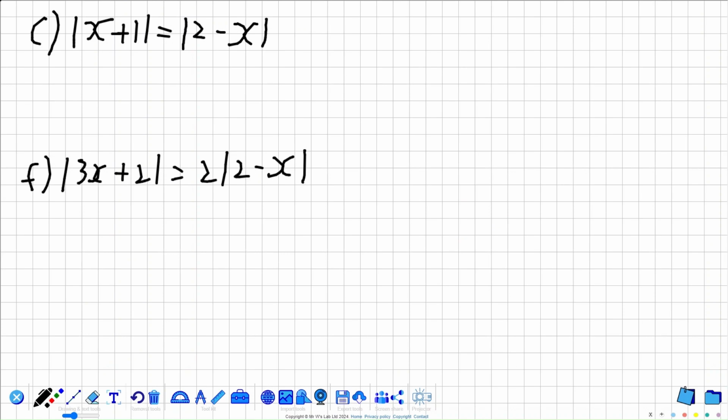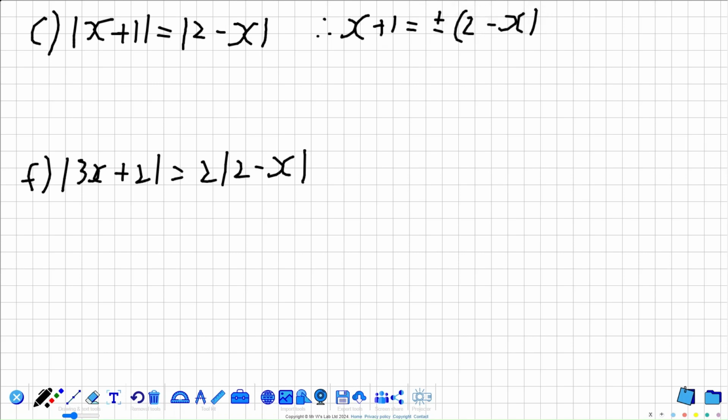So now we've got two questions with absolute functions on both sides of the equation. And so we're going to follow a slightly different process this time, but it's pretty similar. With the first one, we can say, therefore, and we'll get rid of both the moduluses at once. So therefore x plus 1 equals plus and minus, and we'll create some brackets, 2 minus x.